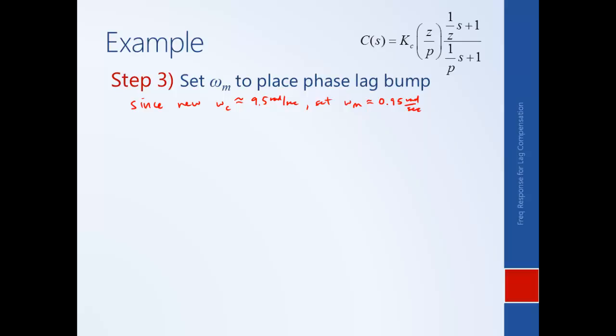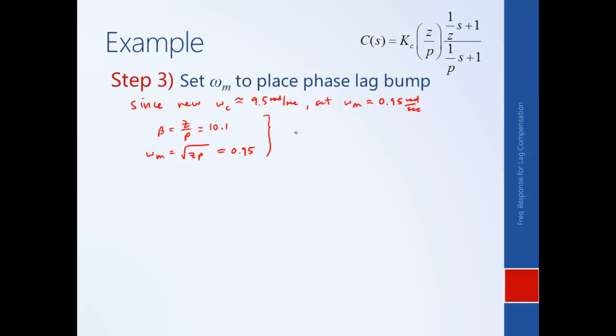And so we have that we want the ratio of zero to pole to be about 10.1. We have that we want the geometric mean of the zero and pole to be approximately 0.95. We have 2 equations and 2 unknowns, so we can solve for both Z and P.